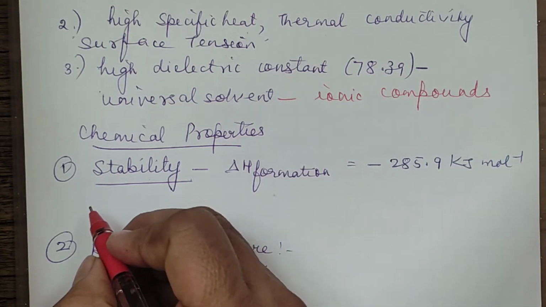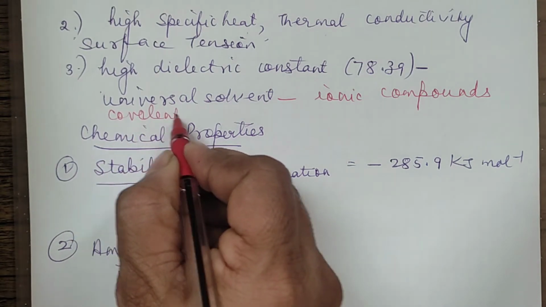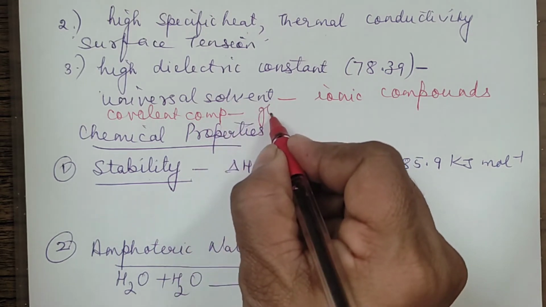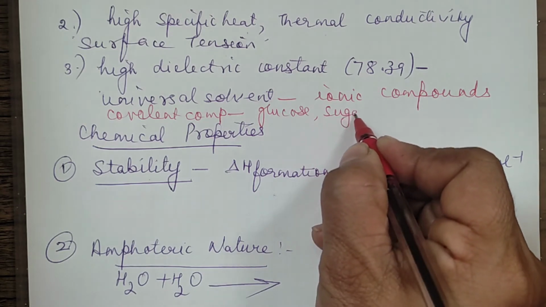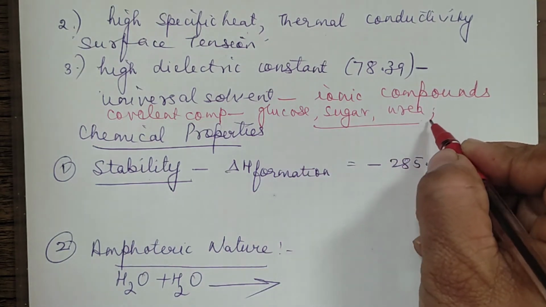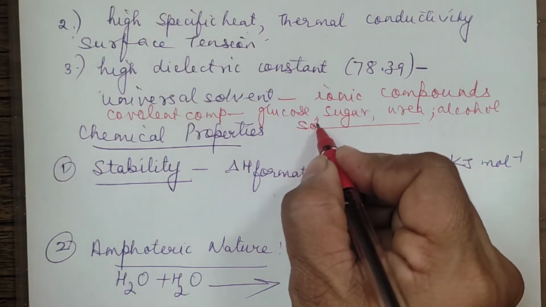Not only ionic compounds, actually speaking, there are certain covalent compounds like glucose, sugar, urea, even alcohol. These are all soluble in water.